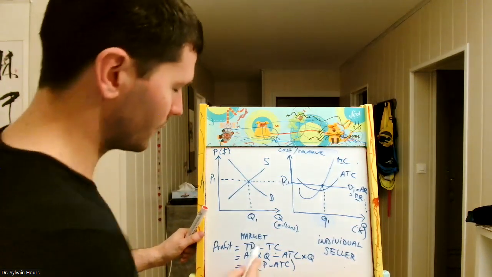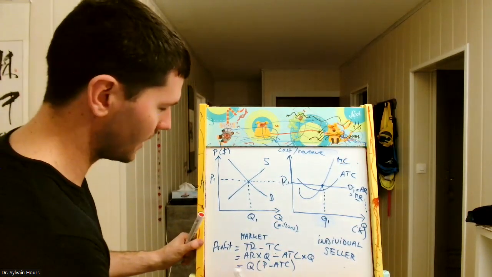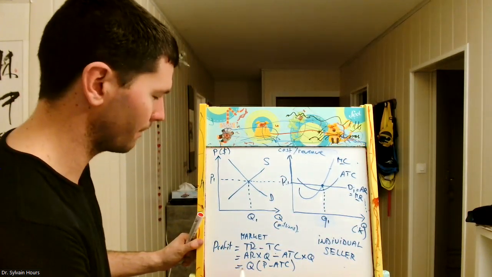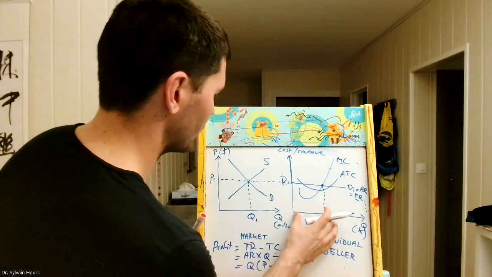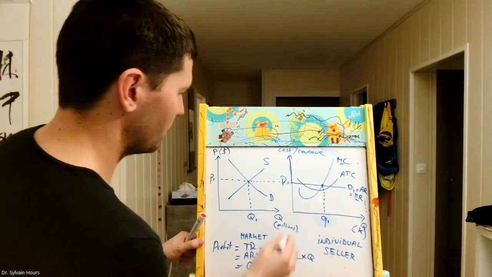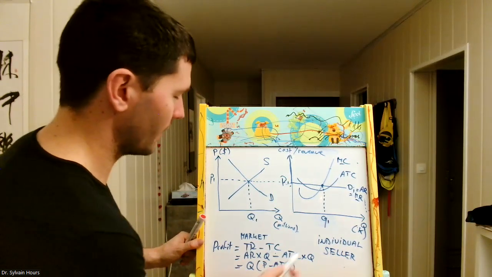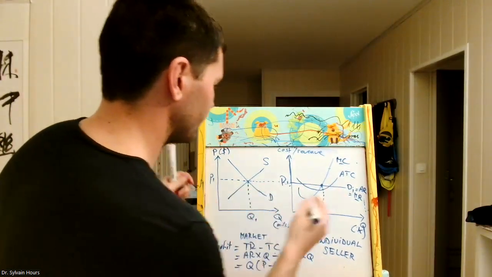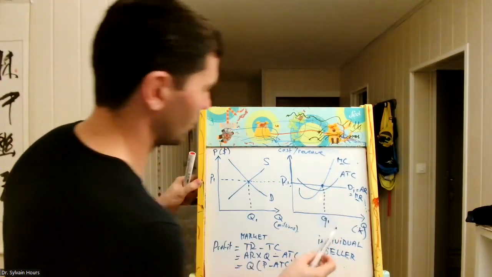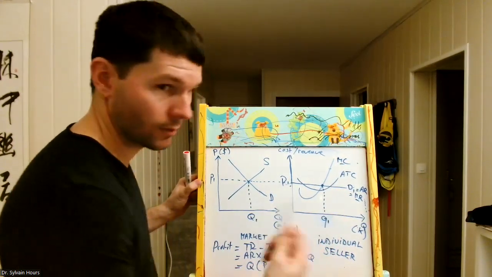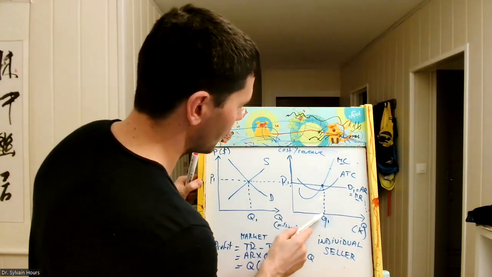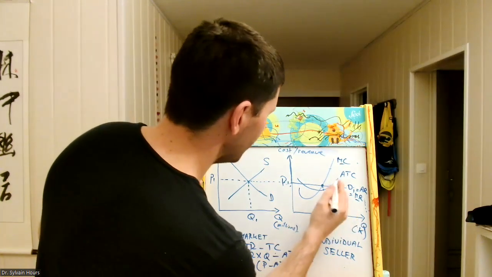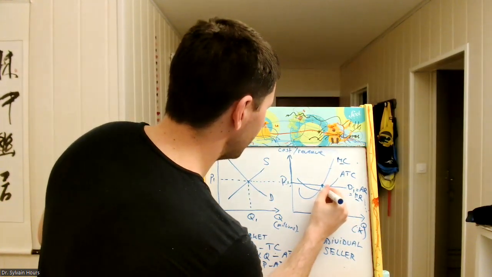So the reason I've done that is because this is how we're going to identify it graphically. Q, which is here, how much we produce, times P, which is there in the price, P1, minus ATC. So the only thing that we are missing is the average total cost at Q1. So I find it by going up from Q1 until I meet the ATC.